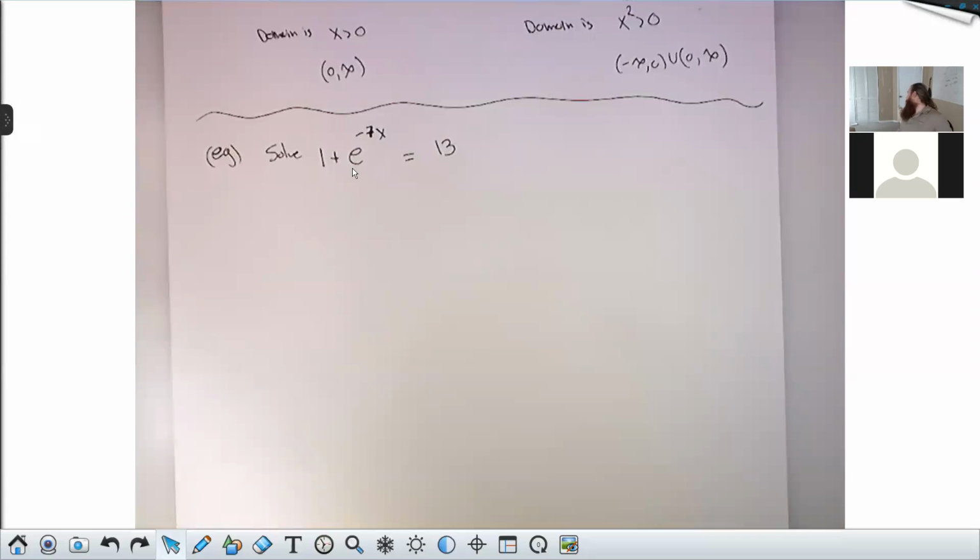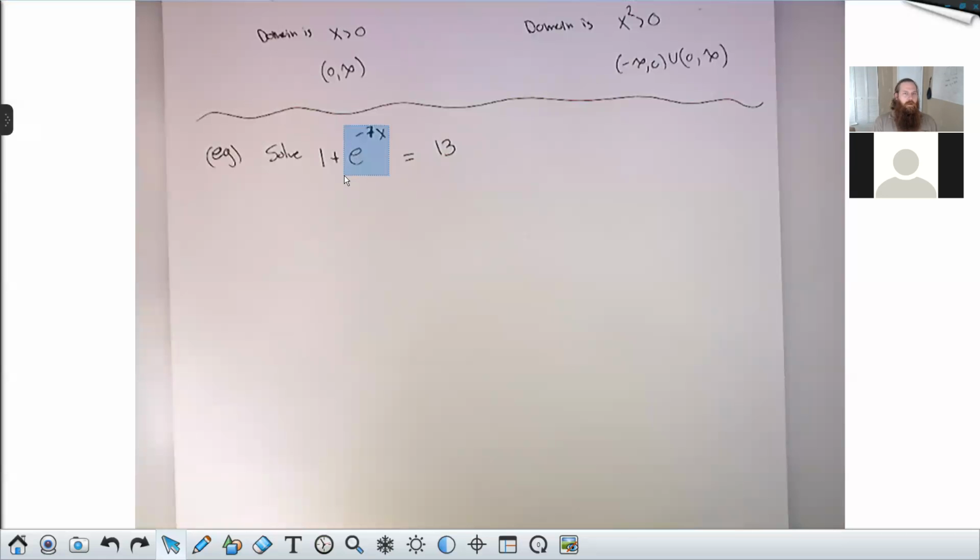Before I can take any sort of logs, there's something else I need to do. Before I take logs, what do I need to do? Yeah, I need to isolate the exponential.